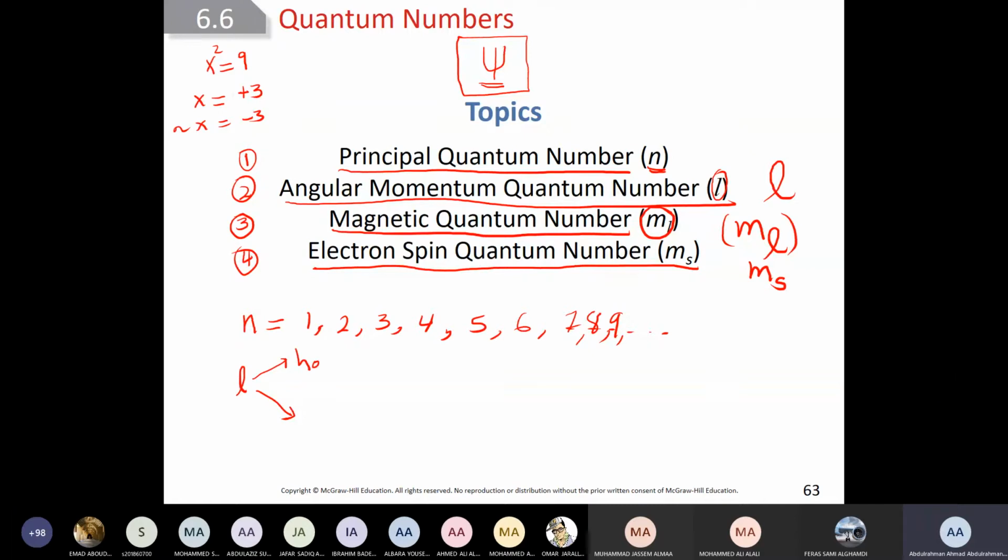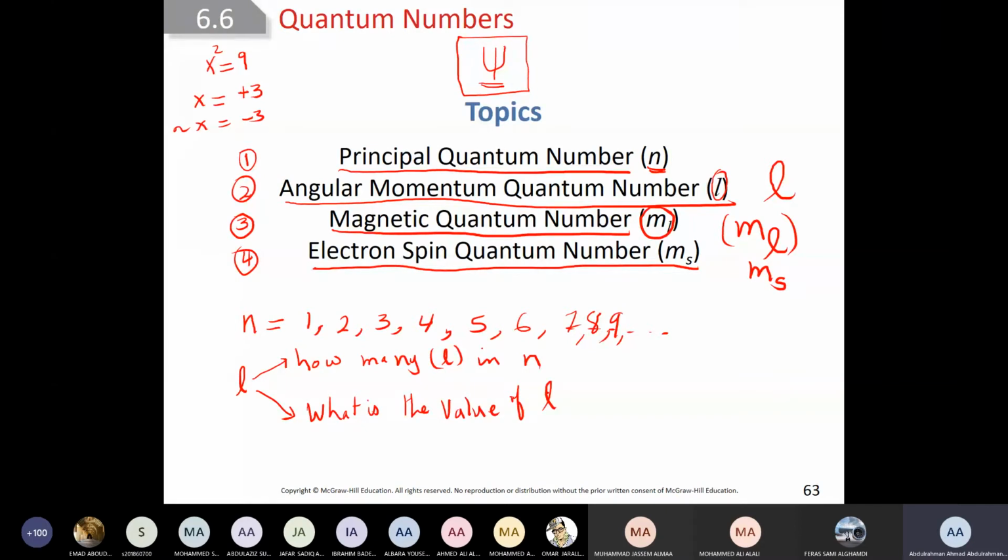First question: how many L values are there for a given n? Second question: what are the values of L?